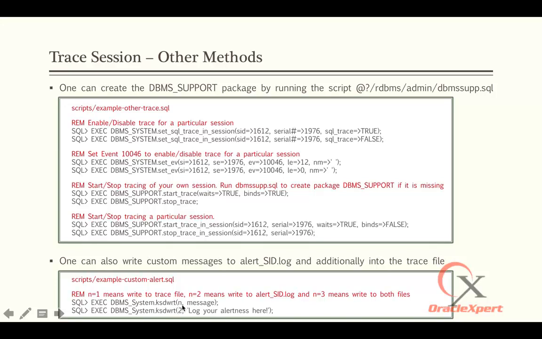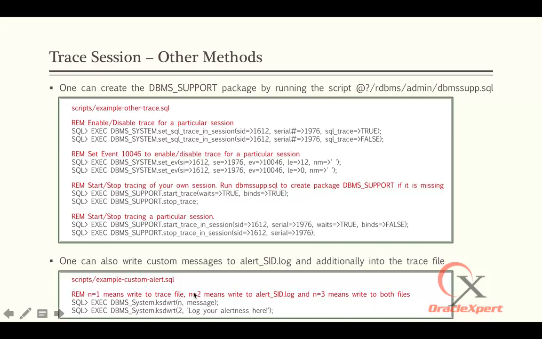Now something really interesting. What if programmatically a developer wants to write something into the alert.log file? There is a package, as we said, DBMS system. It has a method called ksdwrt. This is quite a weird name, but that's because Oracle never documented it for general public use.